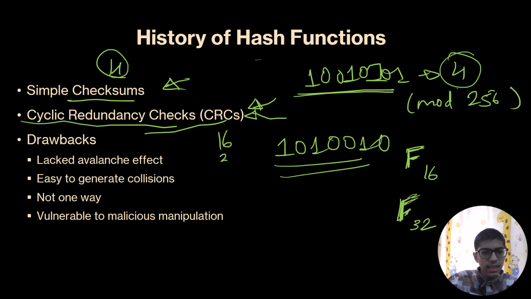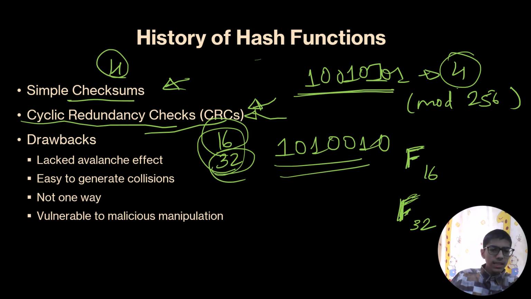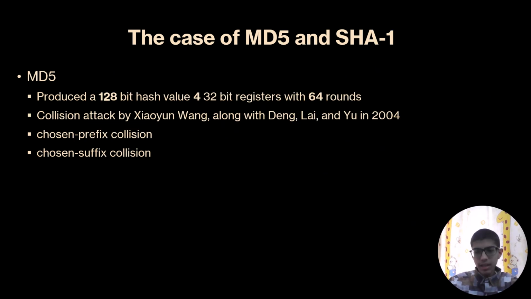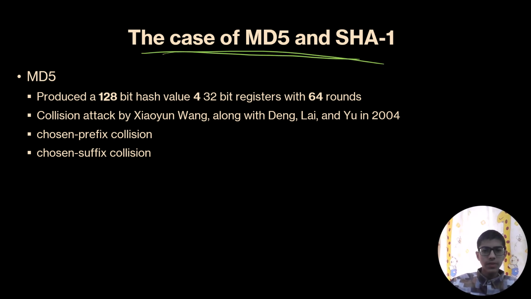So we have CRCs in generally 16 and 32 only, to result in the cyclic redundancy sum, which we can use to verify the data. These are not one way, and it is easy for us to generate collisions in them, and they also lack the avalanche effect.